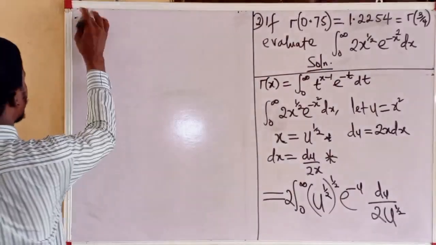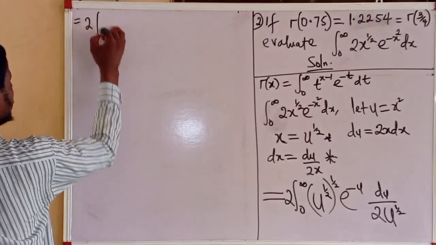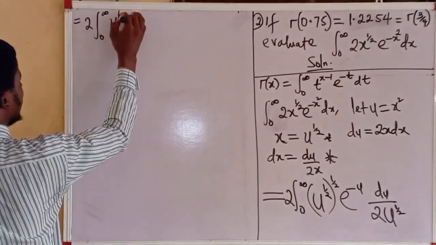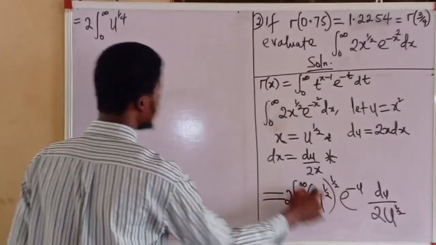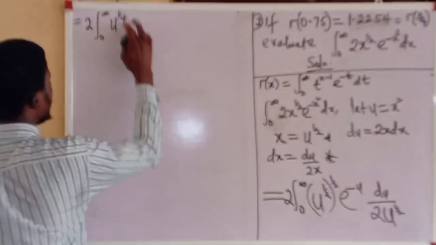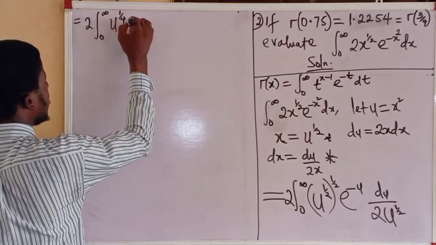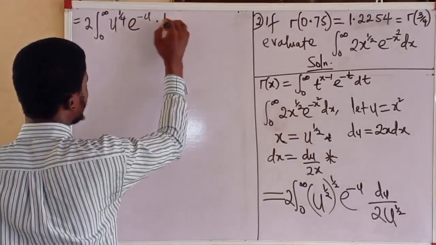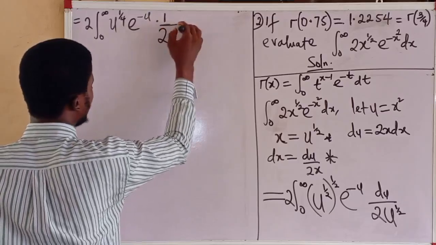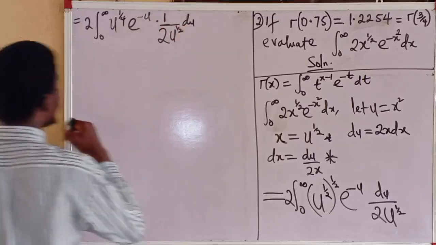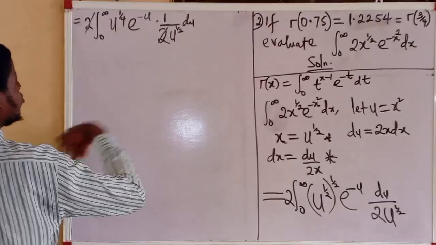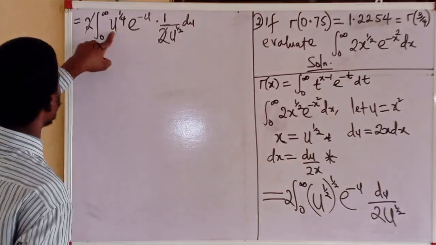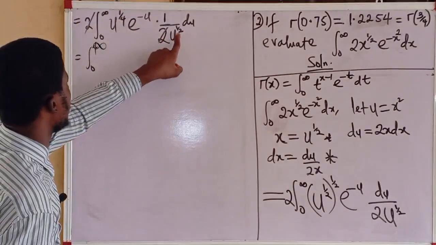Okay, so this is 2 into the integral from 0 to infinity of u to the power of 1 over 4, because 1 half times 1 half is 1 quarter, times e to the power of minus u, over 2 u to the power of 1 half du. All right, see something. 2 can cancel 2. This is u to the power of 1 over 4, and here I'm having u to the power of 1 over 2.